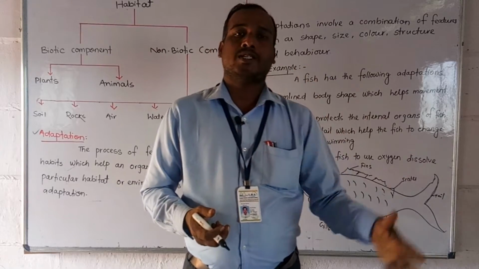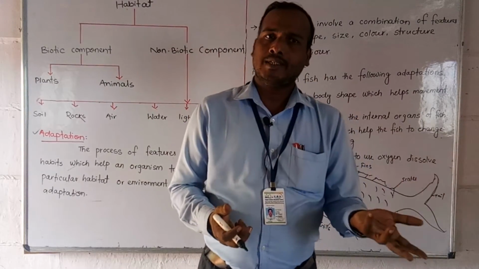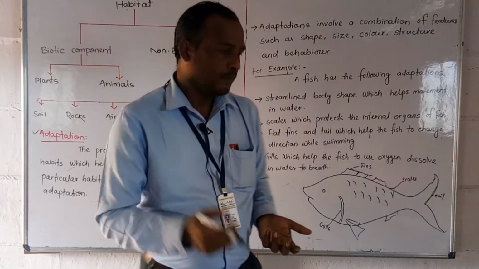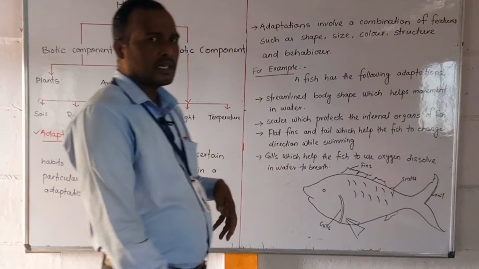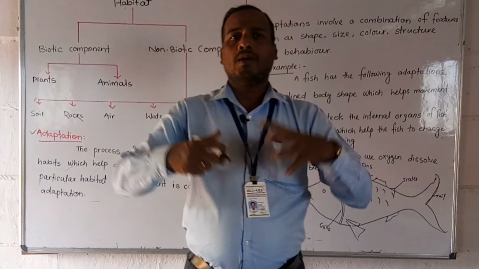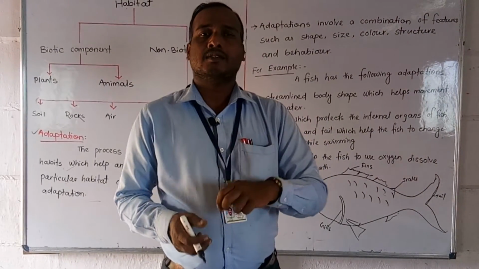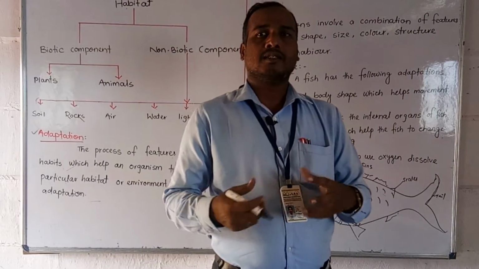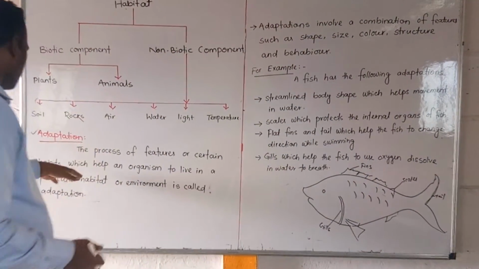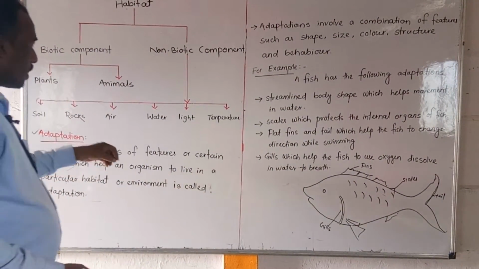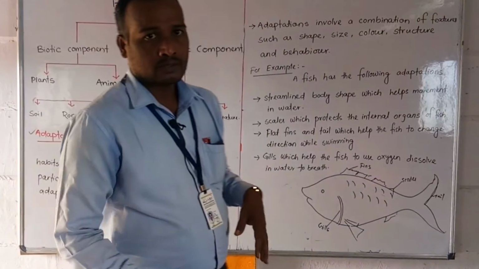That's why they vanished, by natural calamities or in some other way. So whichever one can adjust or is suitable for the habitat, that is called adaptation, and the body components help the living organisms in the habitat.